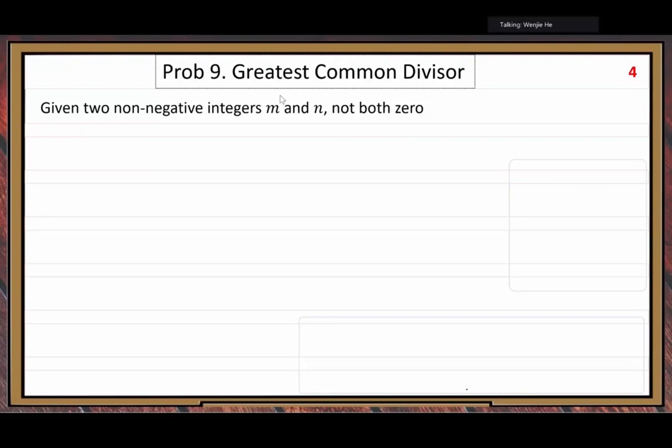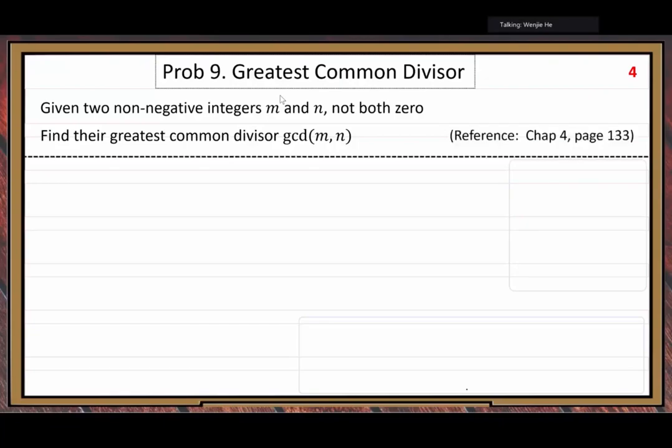Then we need to find their greatest common divisor, GCD of m and n. Simple question, computation question, but there is some interesting property here. We want to learn from this simple problem.